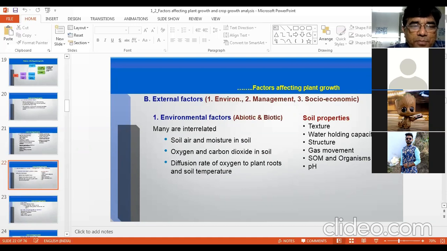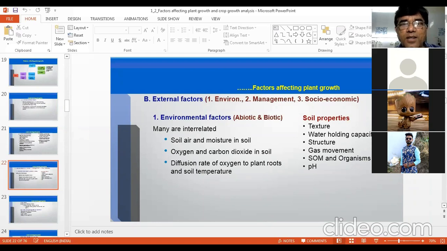Diffusion rate of oxygen to plant roots and soil temperature. And you see these kind of interrelated things are affected by soil properties. Soil, air, soil moisture will be affected by texture or structure, water holding capacity, gas movement, soil organic matter, and organism pH.